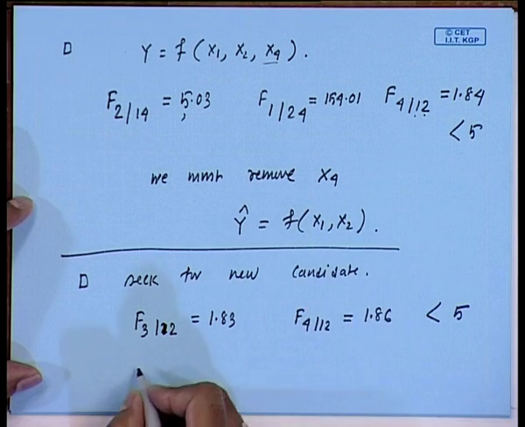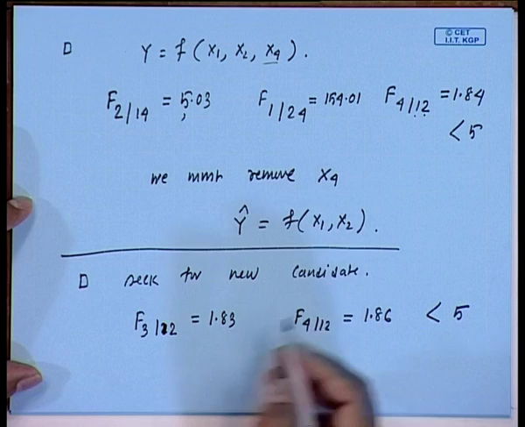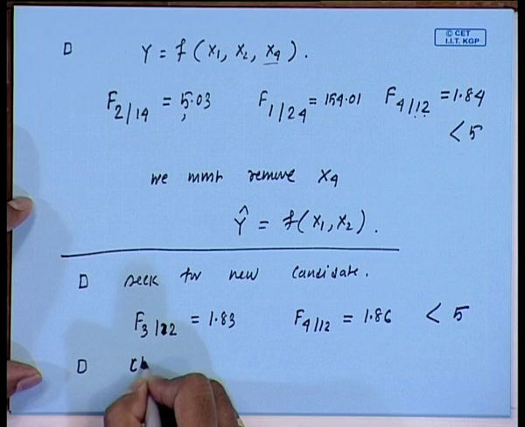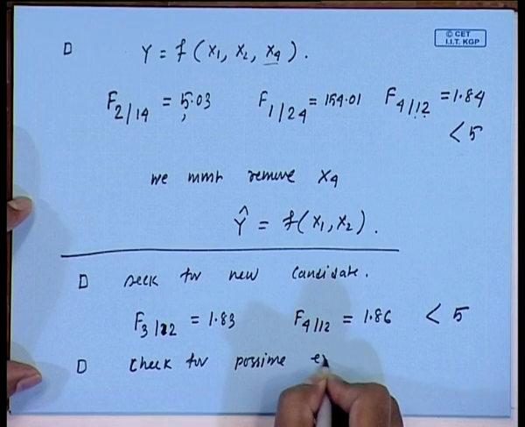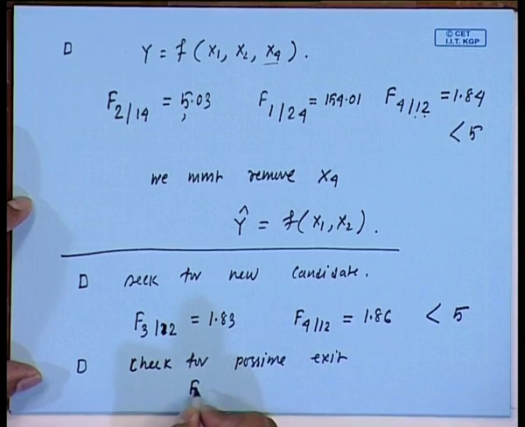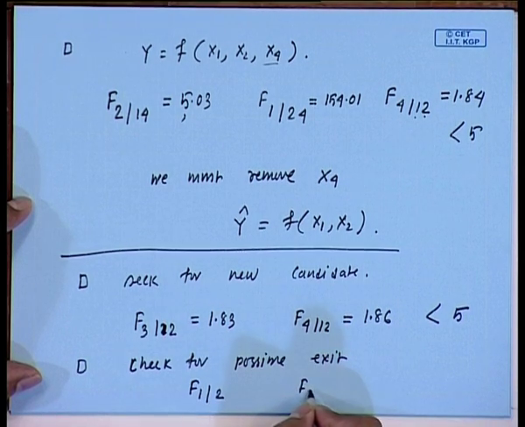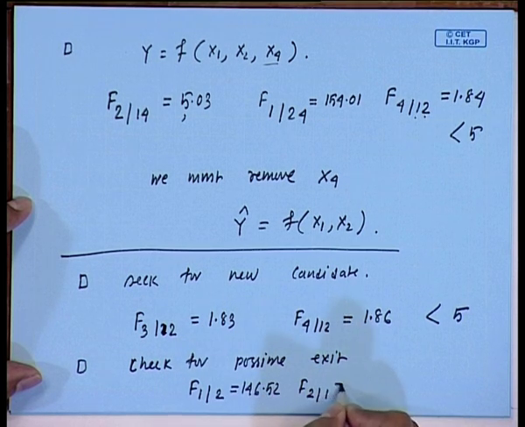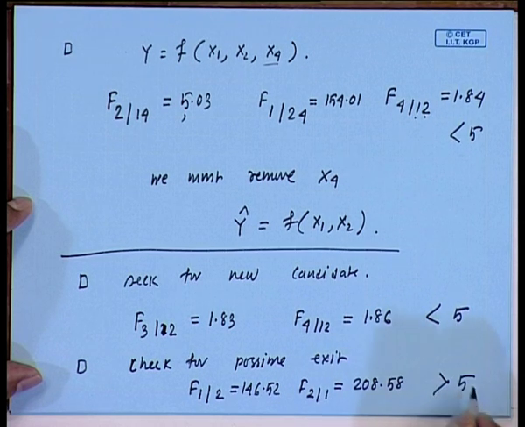Now, we need to check whether x 1 is significant in the presence of x 2, I mean we look for possible exit. Okay. So, for that we check f 1 given 2 and f 2 given 1. This one is equal to 146.52 and this one is equal to 208.58 and both are greater than 5.